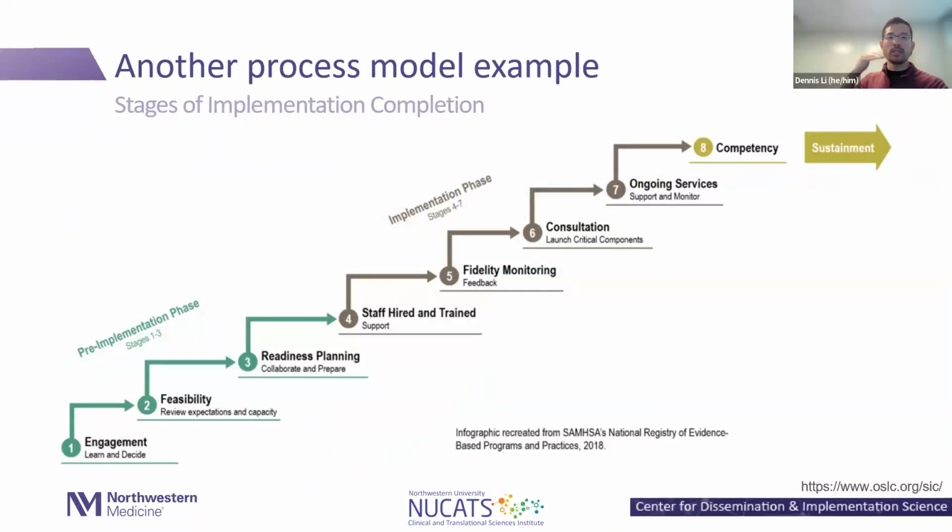So you start with engagement, you move into determining feasibility, you start planning for, and then getting ready to implement. So once you enter implementation, you're hiring your staff, you're monitoring your fidelity, you're doing consultations, you're providing ongoing services until you reach a level of competency and sustainment within the context in which you're implementing.